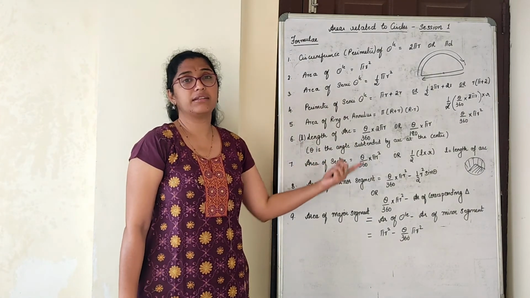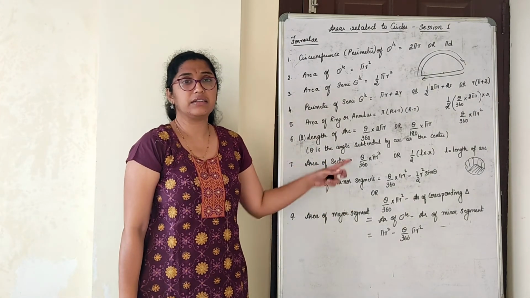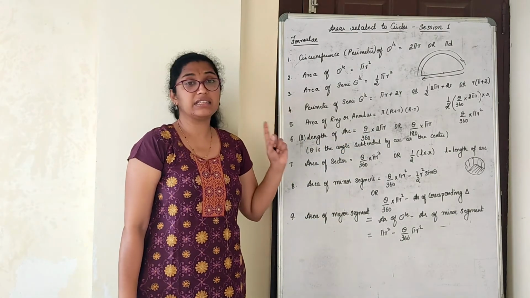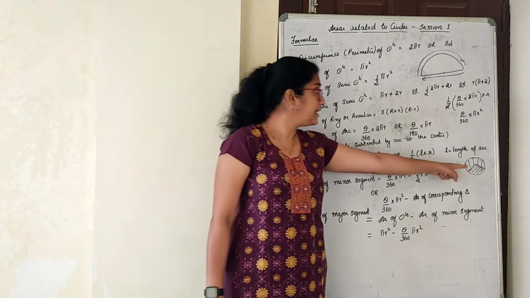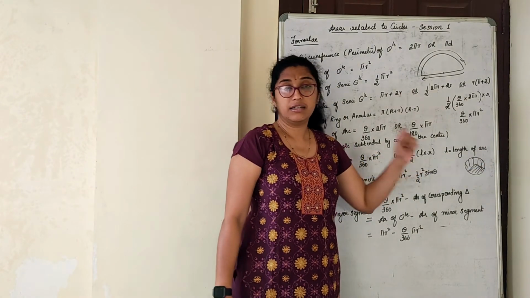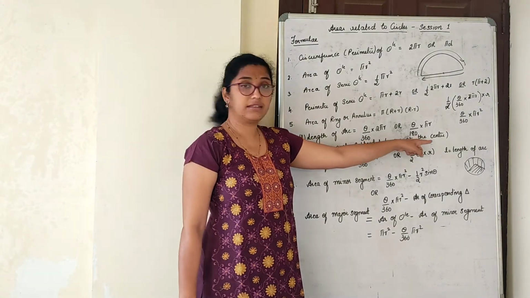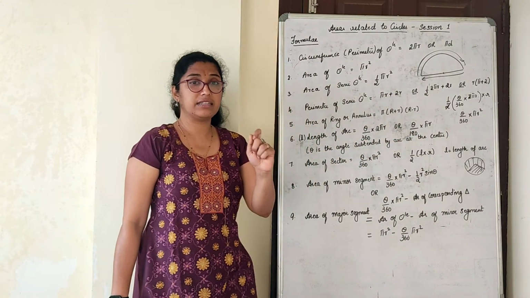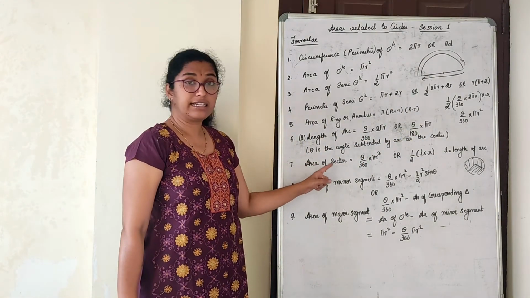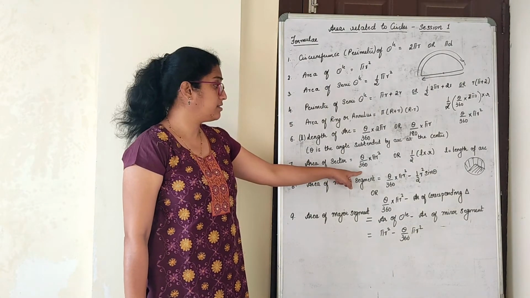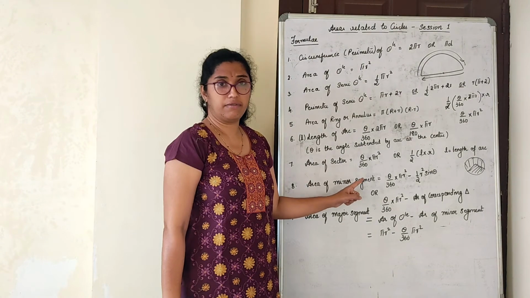If it is more than 90 degrees, that means it is a major sector. It depends on the theta value, where the angle is subtended at the center. It could be here or it could be here. What is theta? Theta is the angle subtended by the arc at the center. So it depends on theta whether it is a minor sector or a major sector, but the general formula for a sector is this. So remember the standard formula always.